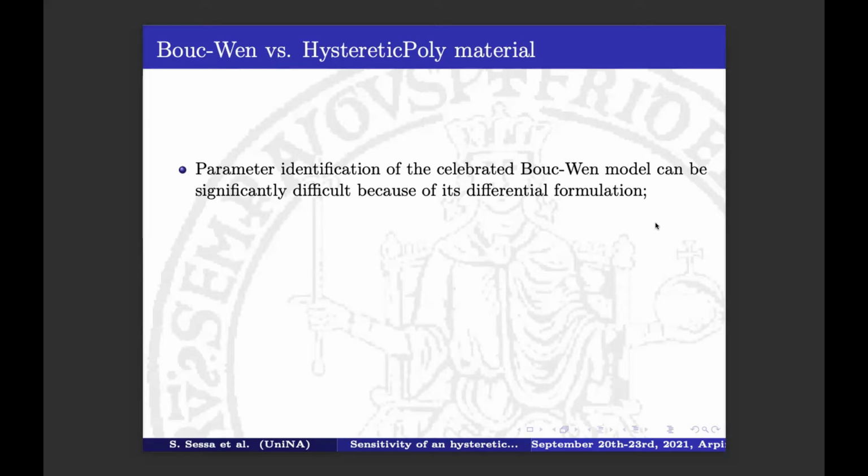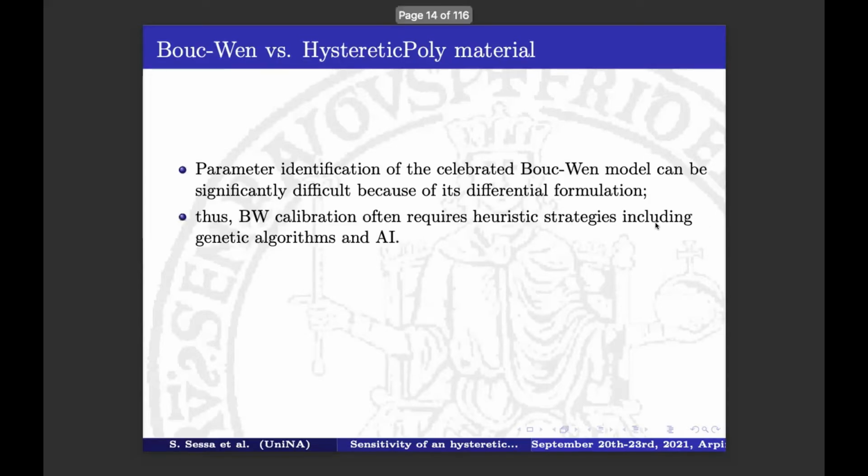When we deal with the Bouc-Wen formulation, which is defined by means of the derivative of a nonlinear deformation, then identification of the parameters can be quite difficult, because there is no inverse relationship between the response and the parameters.